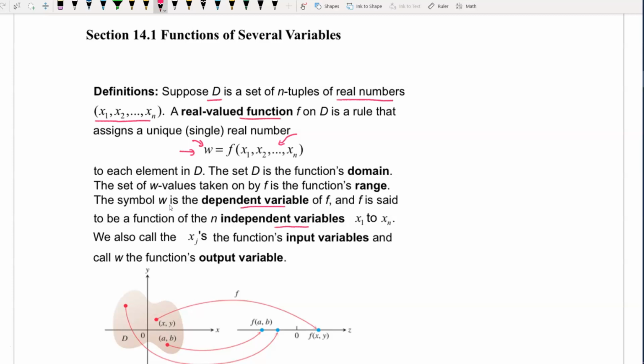Also we can say that what we have inside, x1 to xn, are the input, and what we have for our function w is the output.